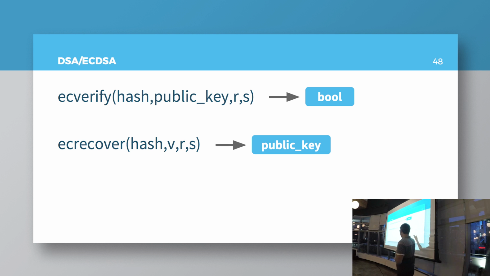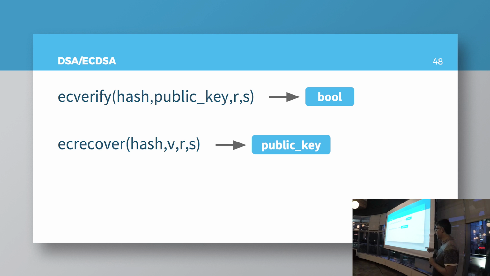Now, I should point out, why are we using a transaction hash? Why don't we just use the whole transaction to validate it? And the answer is that public key cryptography is a lot more computationally intensive than private key cryptography.